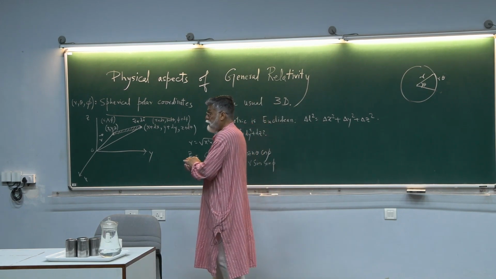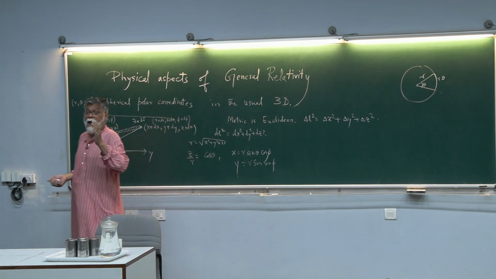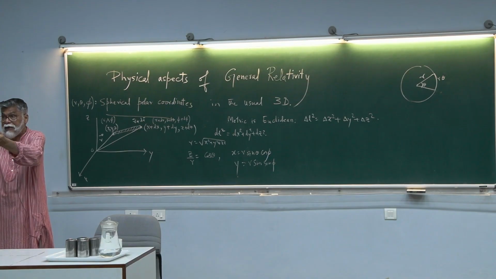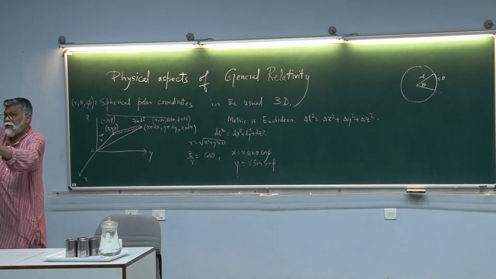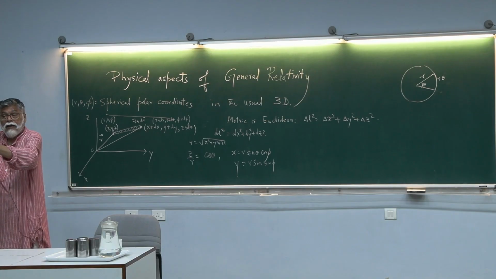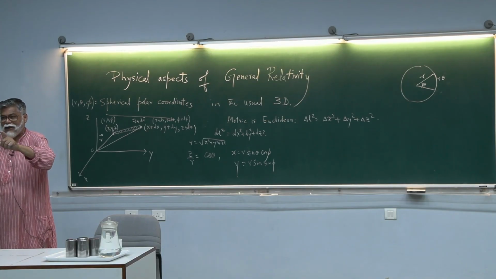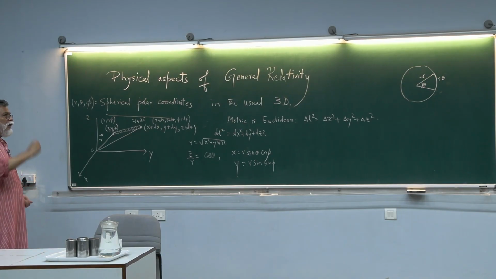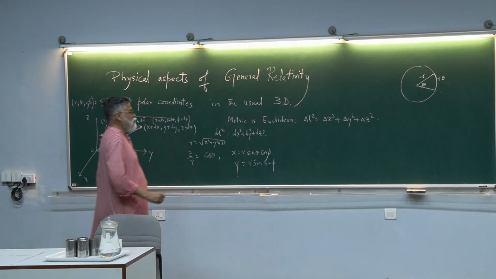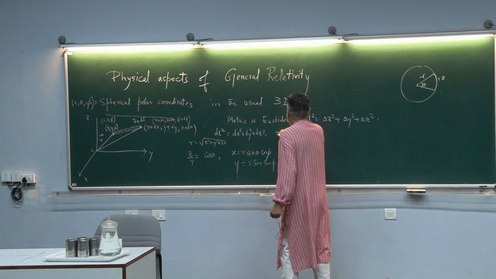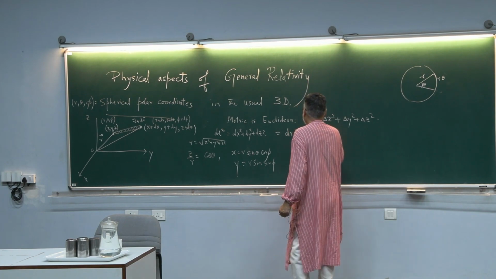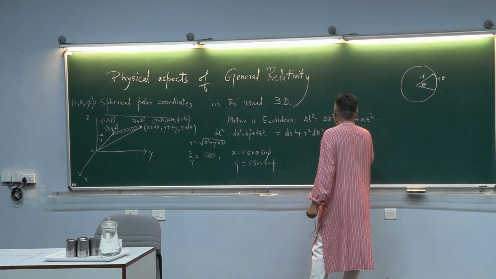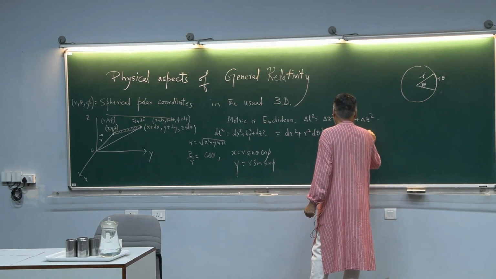Once he knows the relation between Cartesian coordinates and spherical polar coordinate system, only then he takes the r theta phi coordinates of this point, takes the r theta phi coordinates of the other end of the rod, transforms them back to Cartesian coordinate system, and measures the length. Or he can say, I don't want to go into the laborious process. I will use the fact that this can also be written as dr square plus r square d theta square plus r square sin square theta d phi square.